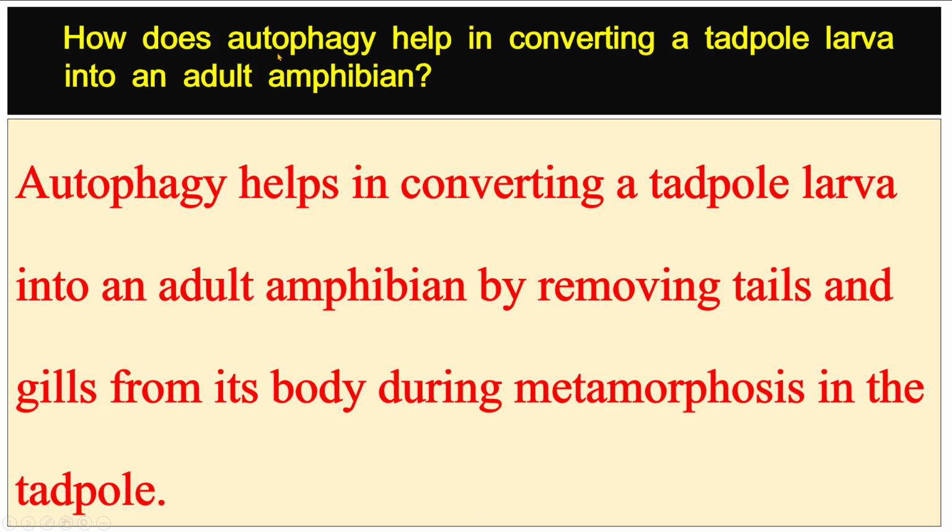How does autophagy help in converting a tadpole larva into an adult amphibian? Autophagy helps in converting a tadpole larva into an adult amphibian by removing tails and gills from its body during metamorphosis in the tadpole.